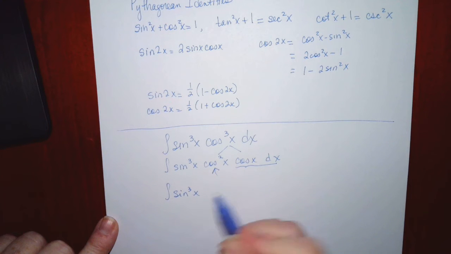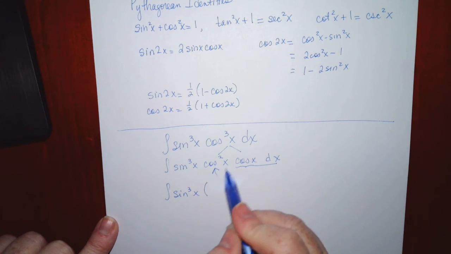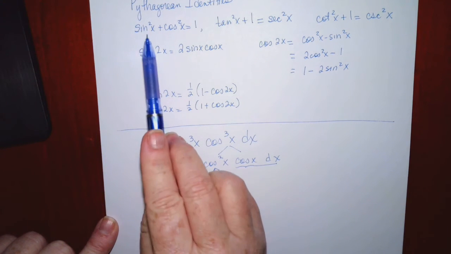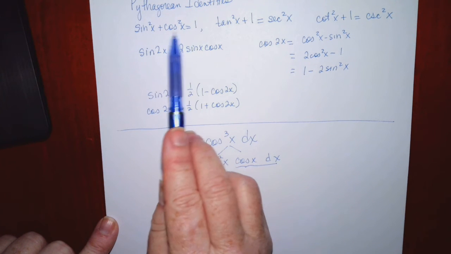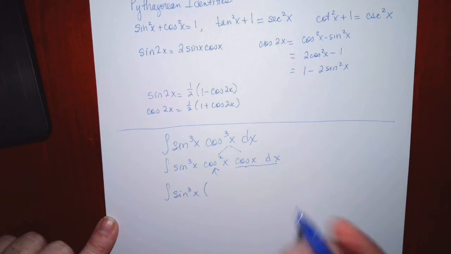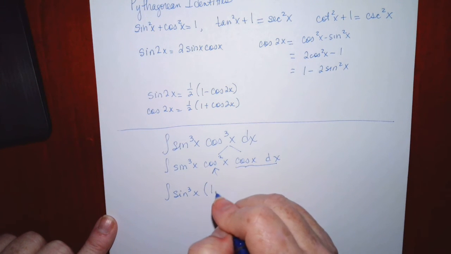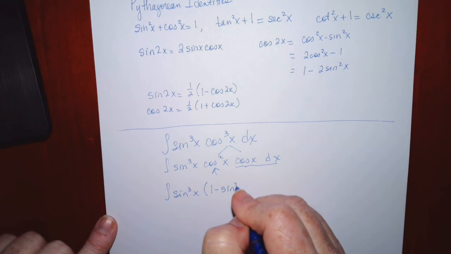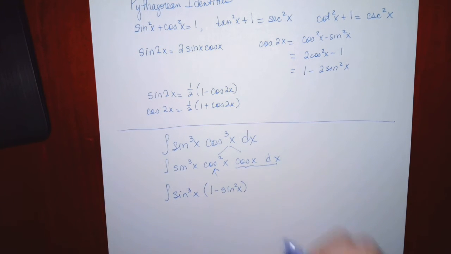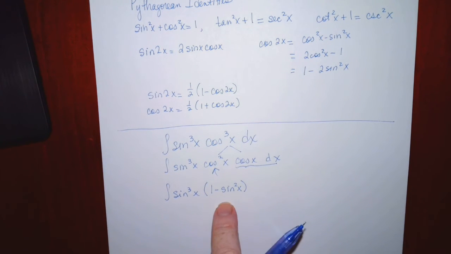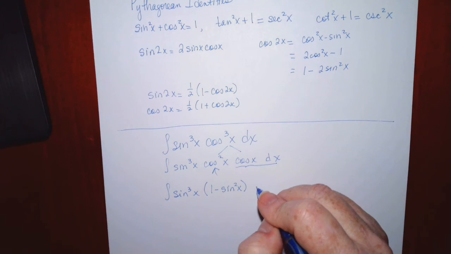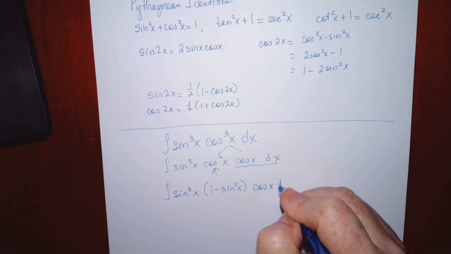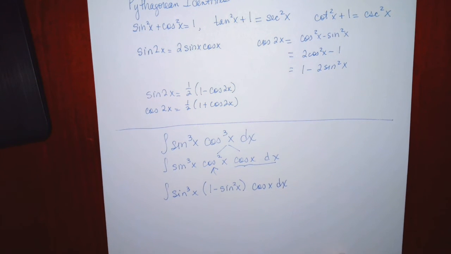Of course we could. So cosine squared x, remember we have sine squared x plus cosine squared x equals 1. So that would mean that cosine squared x is 1 minus sine squared x. So we have sine cubed x times 1 minus sine squared x times cosine x dx.